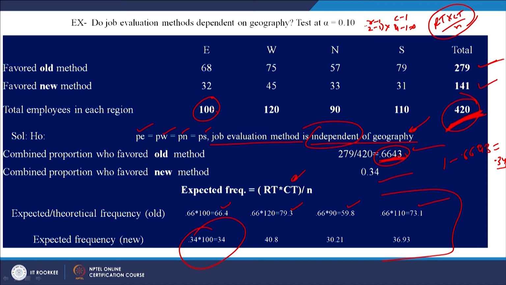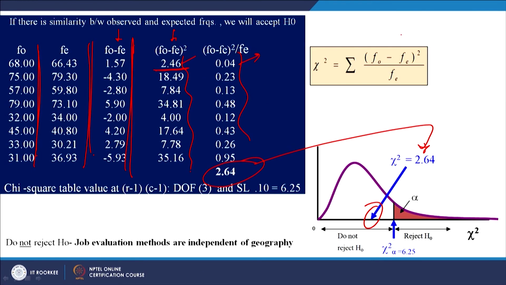So, this is 1 and 3. So, this is 3 degrees of freedom. The critical value at 0.10 significance level at 3 degrees of freedom is 6.25, which is here. So, this is your critical limit.